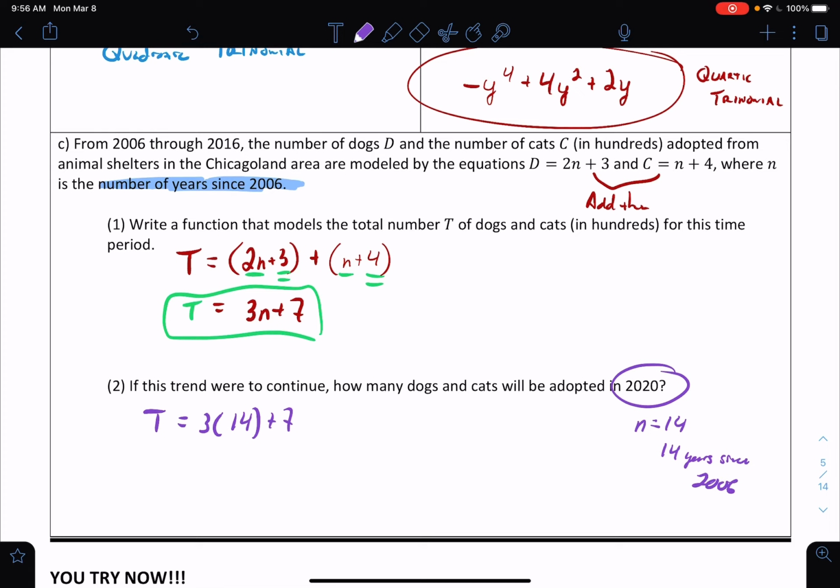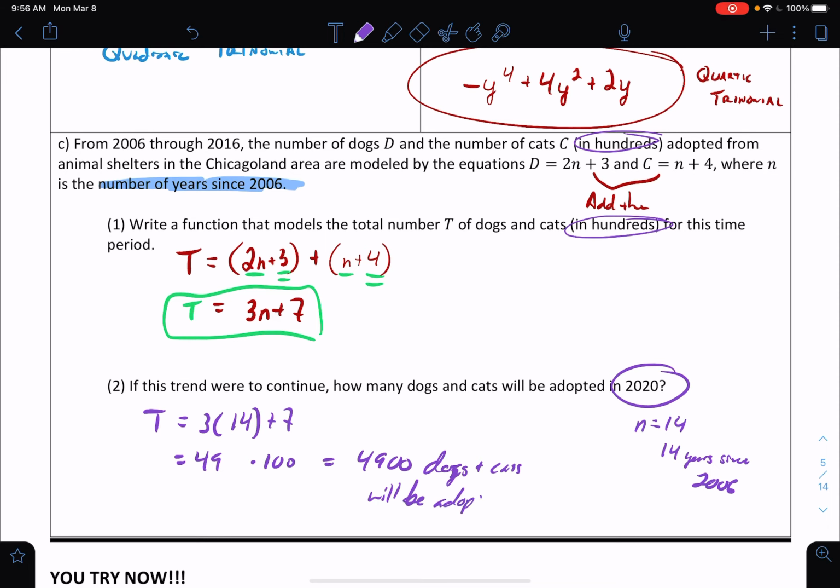So I get 3 times 14 plus 7, which is 49. And then this number is in hundreds. All right, so if I multiply this by 100, I'll get 4,900 dogs and cats will be adopted in 2020.